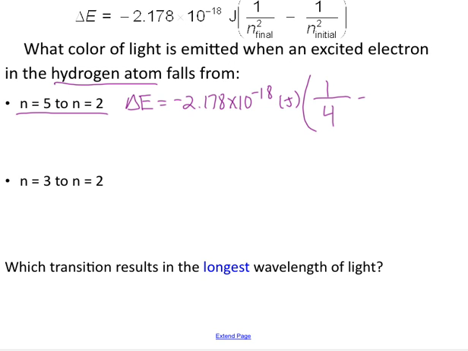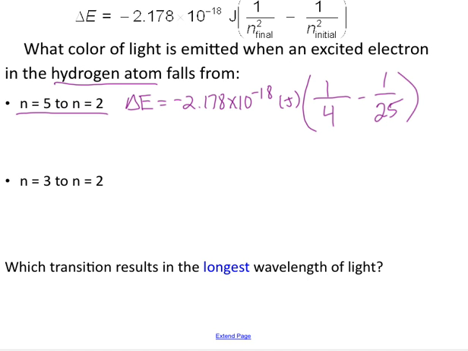So 2 squared is 4, minus, what did I start? 5. So that's 25. I'm going from 5 to 2. Should my energy be negative or positive? Negative, because energy is being emitted.